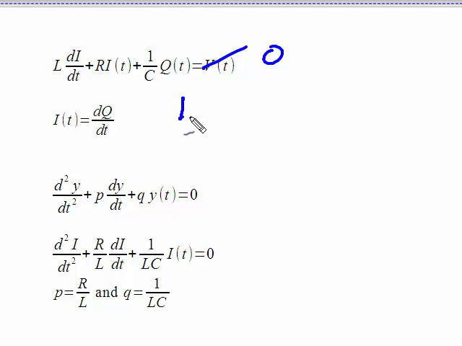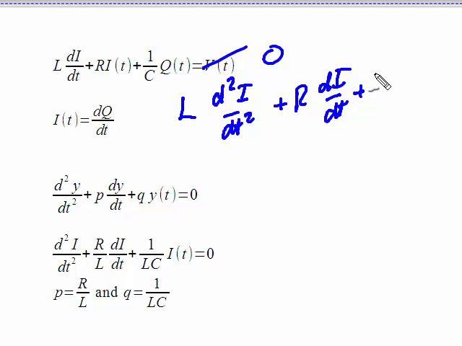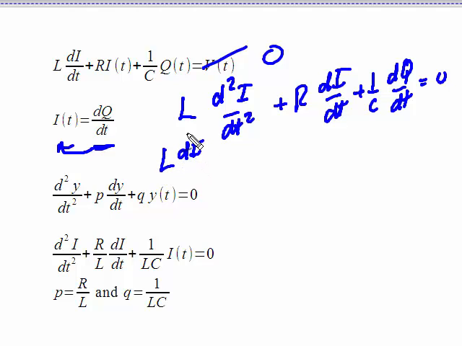So taking another derivative, assuming L, R, and C are constant, I get R times di by dt, and now I have 1 over C times dq by dt equals 0, and I say the derivative with respect to time of charge is current, so I plug that in. Of course I get the second derivative here, the first derivative here, and just the current here.